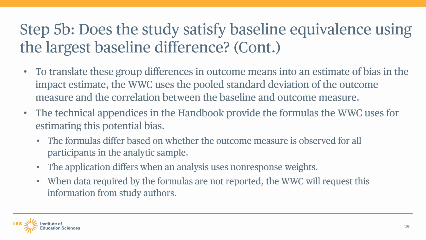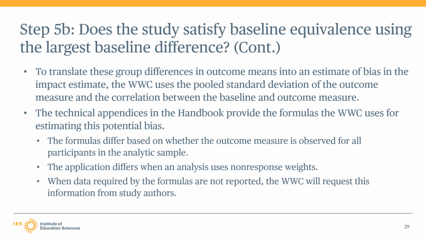To translate the group differences in outcome means into an estimate of a baseline effect size, the WWC uses the pooled standard deviation of the baseline measure and the correlation between the baseline and outcome measure. Again, Appendix H in the handbook provides the technical formulas that the WWC uses to estimate the potential bias.